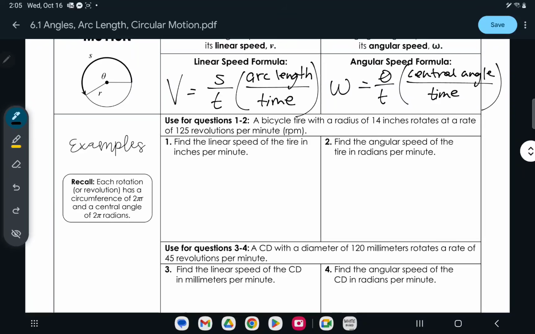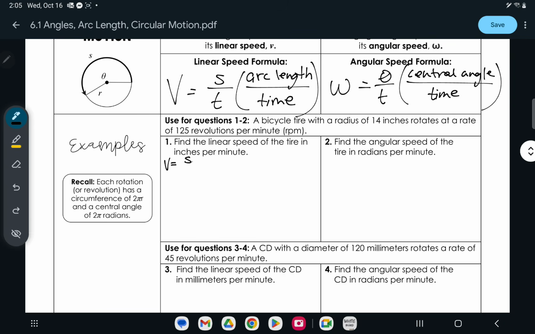Okay, so let's look at these. A bicycle tire with a radius of 14 inches rotates at a rate of 125 revolutions per minute. Find the linear speed in inches per minute.